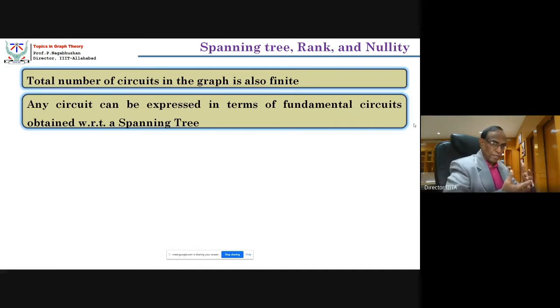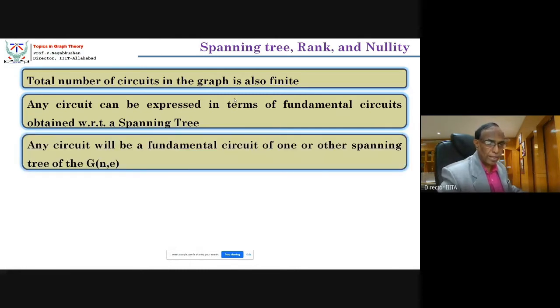So a spanning tree is a sort of lifeline of the entire graph. The lifeline spanning tree defines all fundamental circuits, and from the fundamental circuits you can derive all other circuits present in the graph. All right. Any circuit will be a fundamental circuit of one or the other spanning tree.